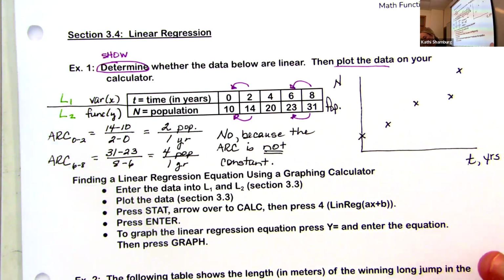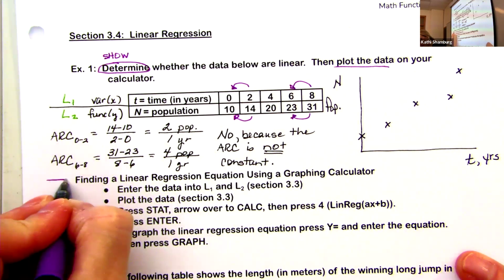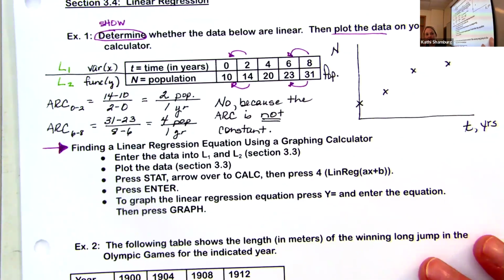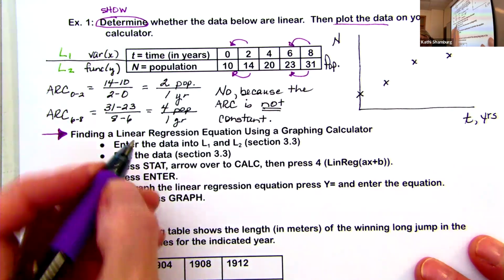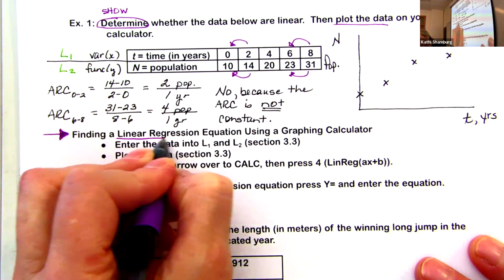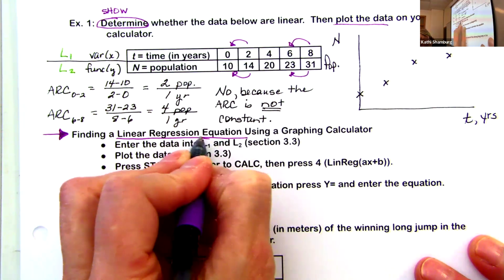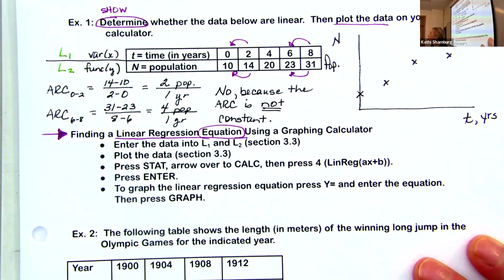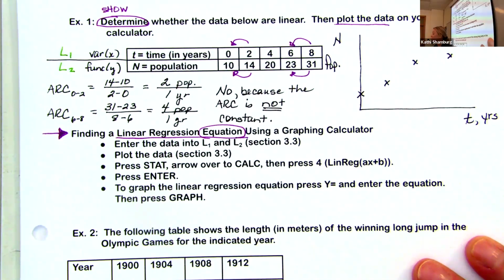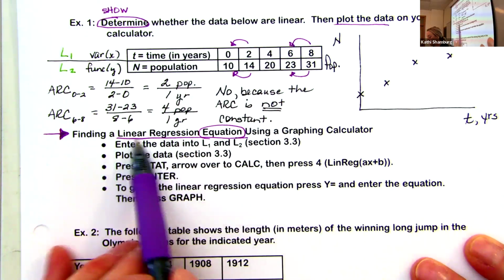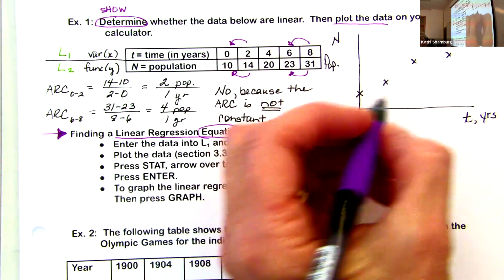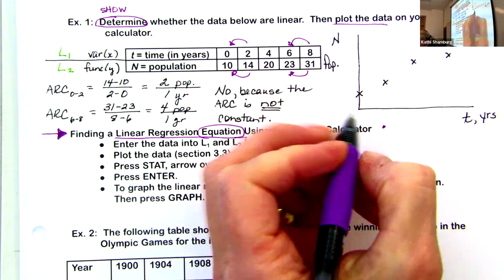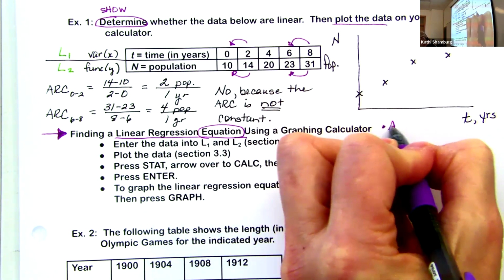Okay, so what we're going to be using today to find on our calculator is what we call a linear regression equation. So we've been finding equations, but they were linear. Okay, this is a linear regression. What does that mean? Linear regression is an approximate model.